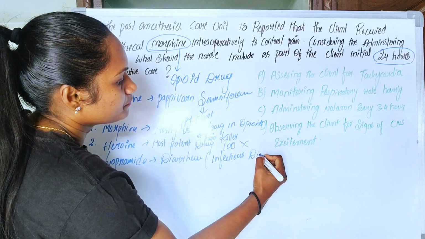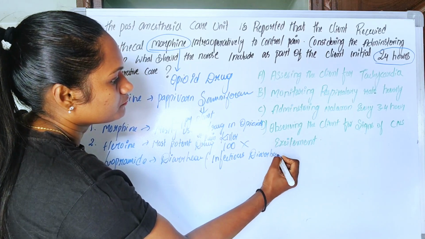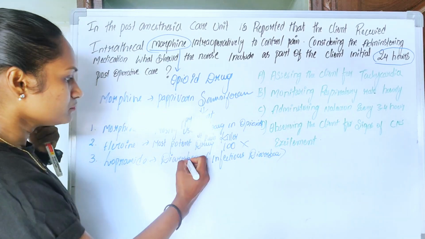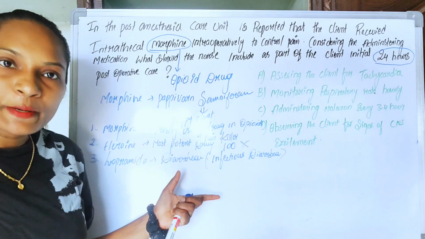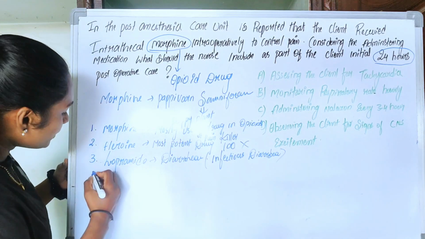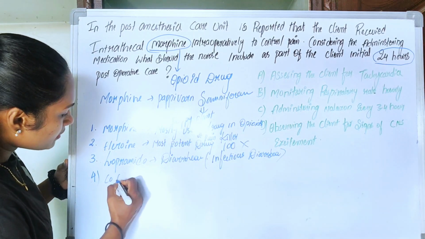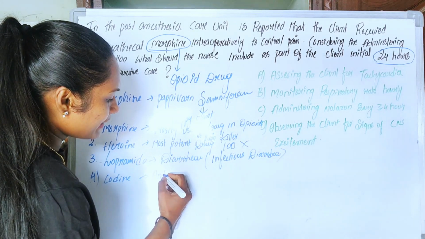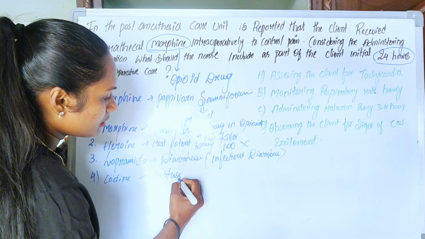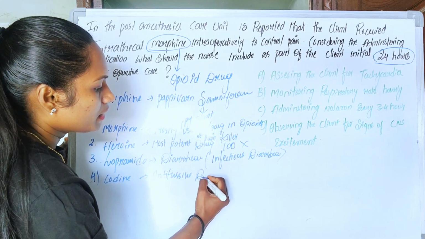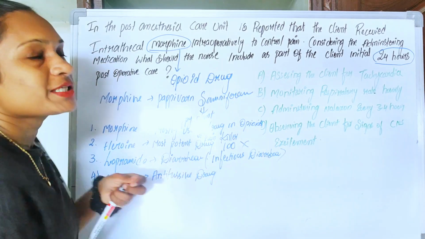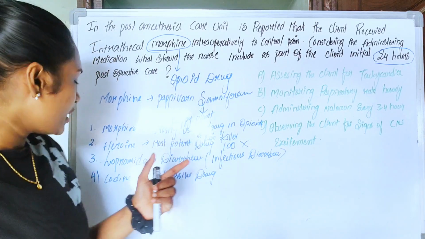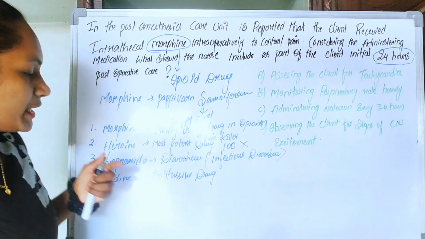Next, fourth drug is codeine. Codeine is an antitussive drug. It means in most of the cough suppressants, they use codeine medication.